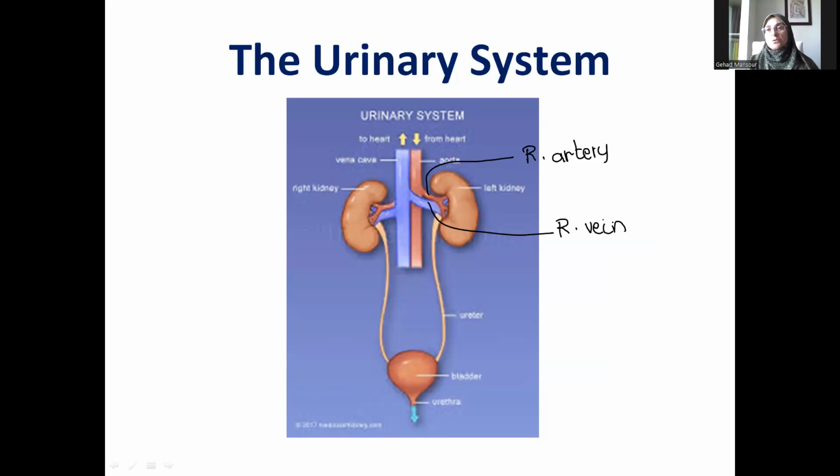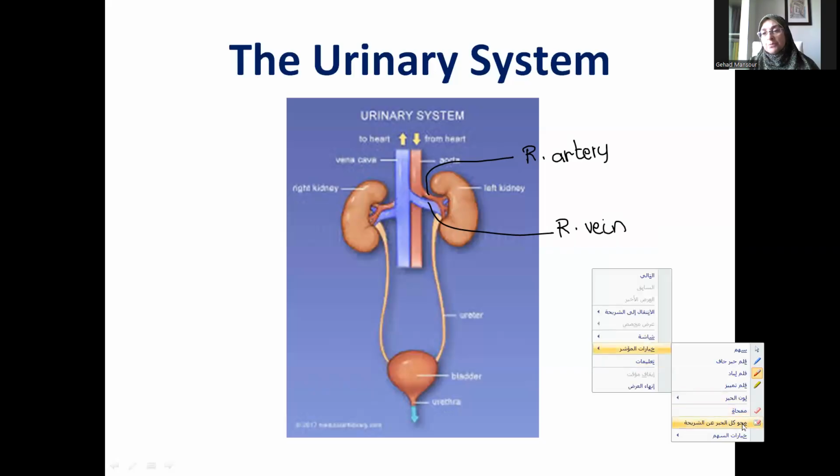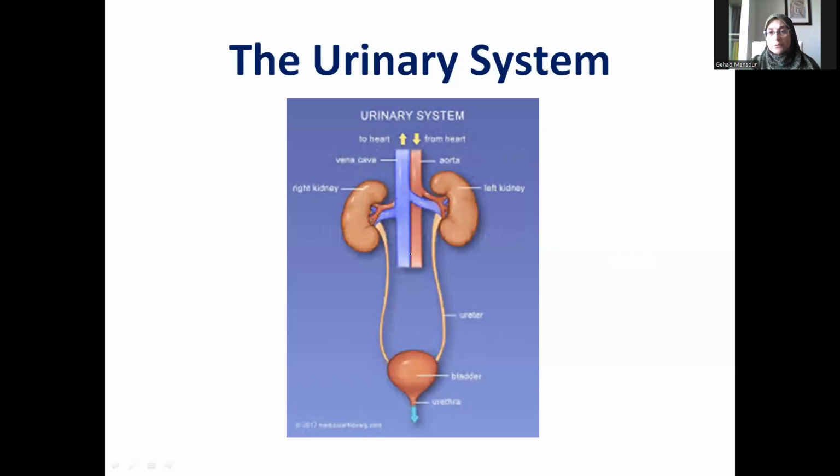Again, since you don't receive a color printed exam sheet, you wouldn't have a difference in color. You will just know from the direction of the arrows. If you don't have arrows and you have to label the diagram, then you would say renal artery and renal vein together.